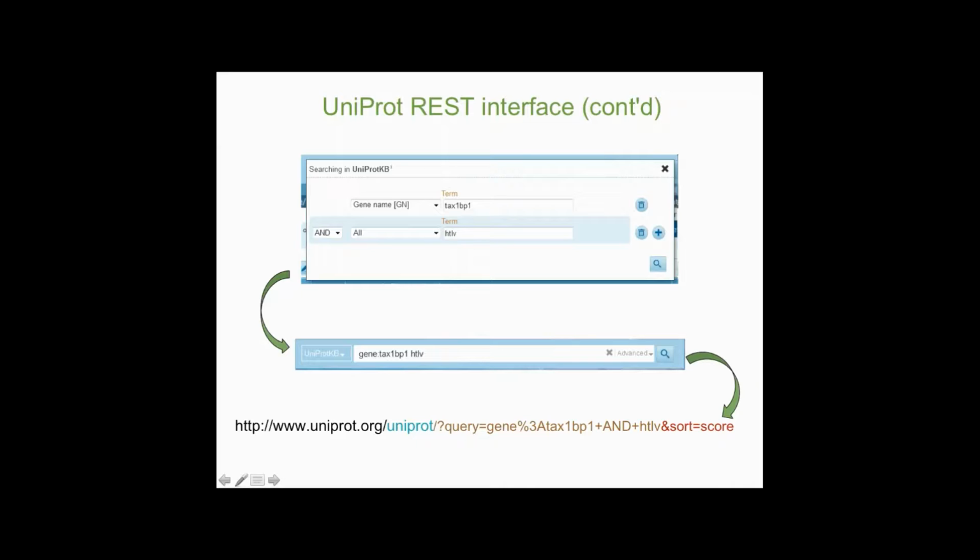And once you click Search, this is translated into a search string, as you can see here. And also, once you click the search button here, it is also translated into a URL, which is displayed in the URL bar of your browser. And this is basically the REST URL as you would want to construct it when doing programmatic access.